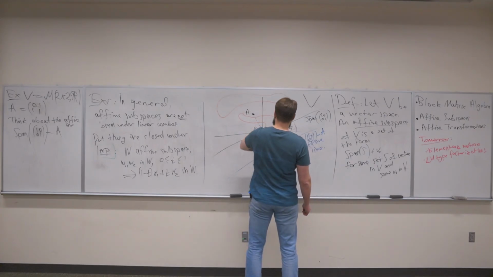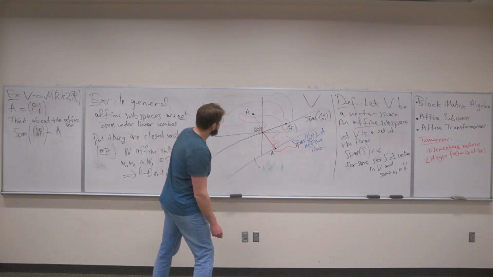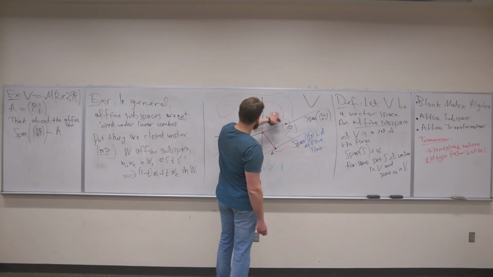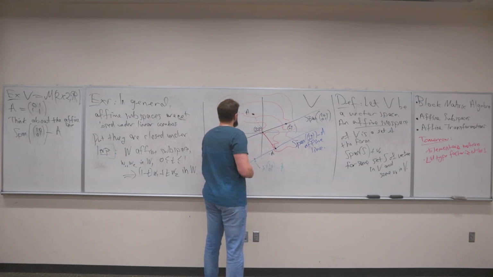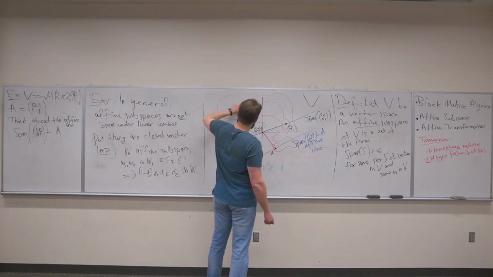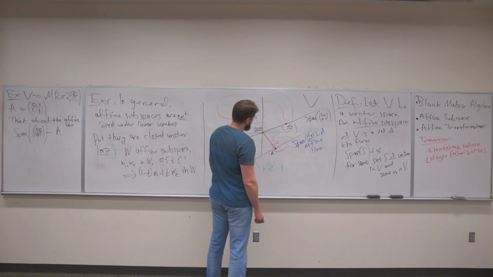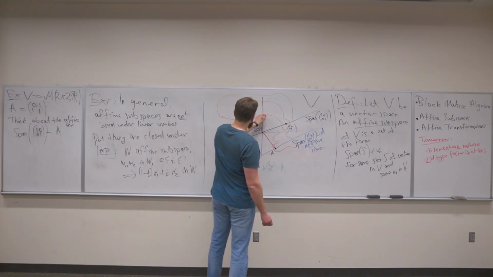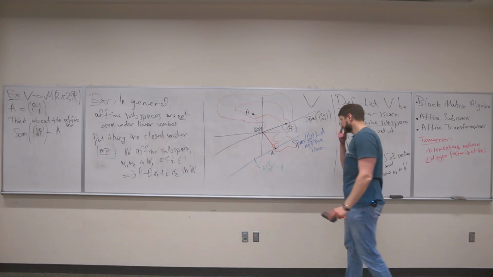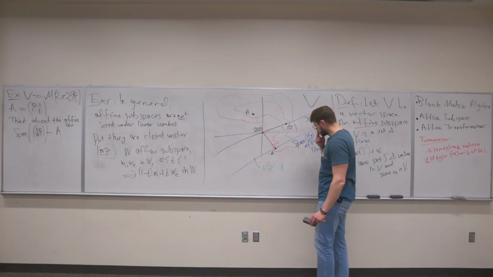I wanted to keep this to be inside. I want this inside. I want that inside. It's also not one piece, in fact. So it has 2 pieces, 2 components.